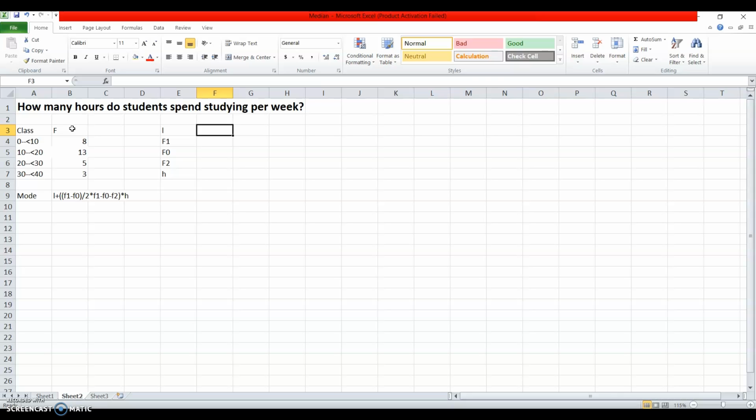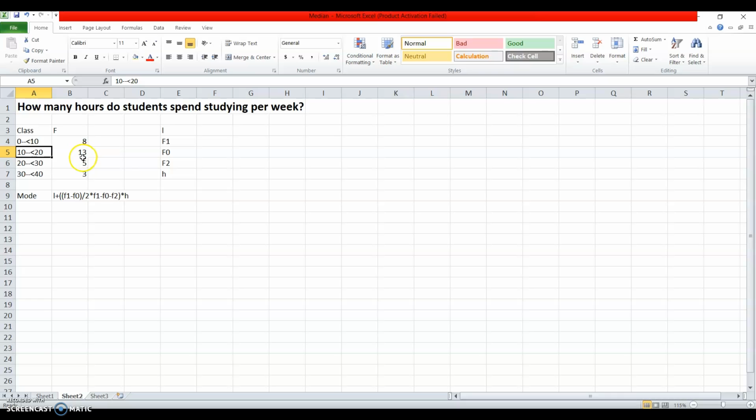So, first of all, we have L. The L represents the lower boundary of the modal class. So, what is the modal class? The modal class is the class with the highest frequency. So, as we see here, the second class has a frequency of 13.